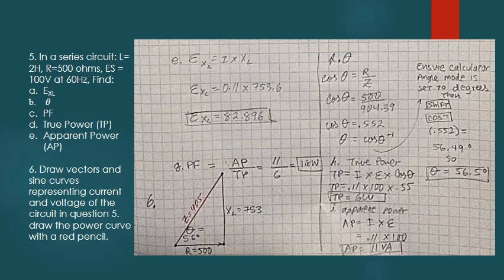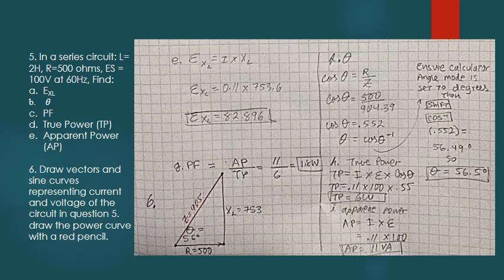So we have 500 going to the right on the bottom for our resistive value, and we get approximately 753 going up from that point for our inductive reactance value.